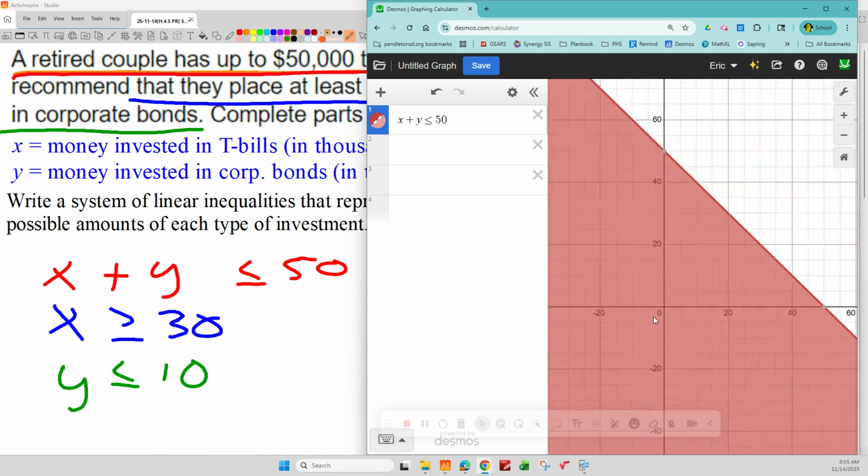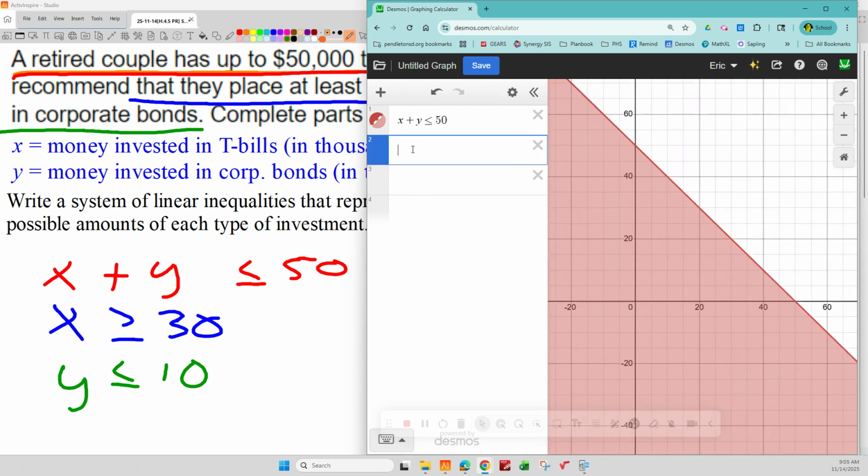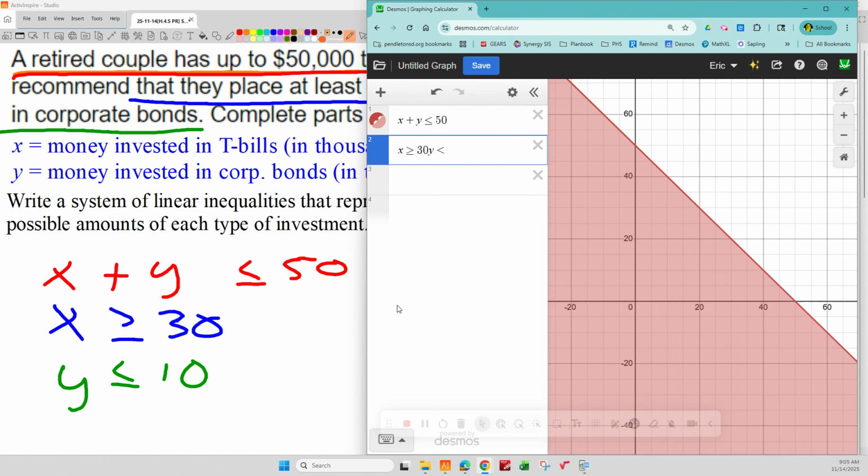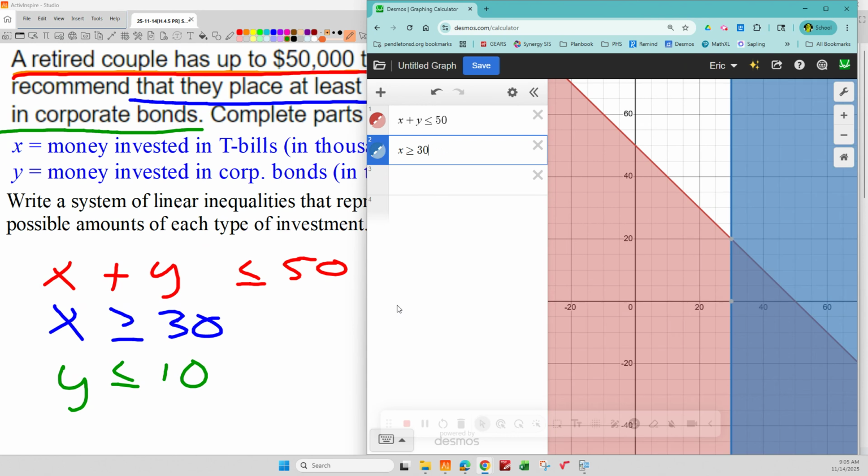Probably have to zoom out a little bit. Okay. Then we had x is greater than or equal to 30. And then we had y is less than or equal to 10.